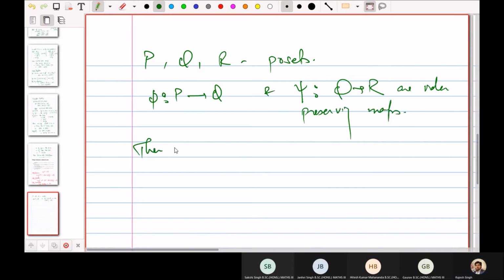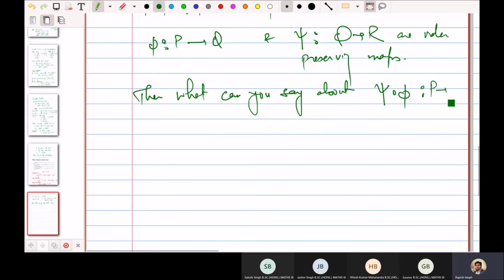Then what will be defined, psi of phi or phi of psi? Psi of phi, right? Because the codomain of this is the domain of that, so this comes first, then psi of phi, from P to R. Is this function order preserving?